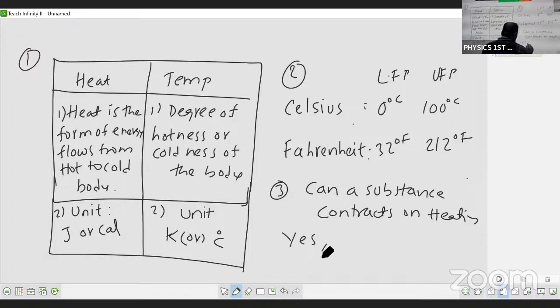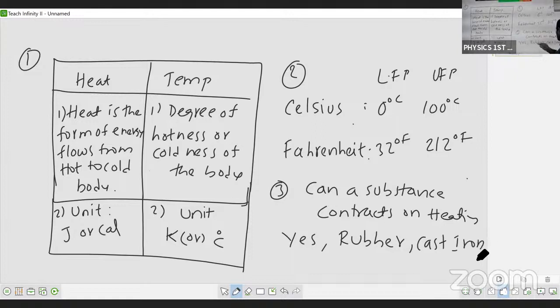Example, students: you take rubber, Indian rubber, polythene cover, water from 0 degree Celsius to 4 degree Celsius. Cast iron also. One example is enough. Can a substance contract on heating? Yes, it contracts. Polythene cover, leather, all these contract. Rubber is the best and simplest example.